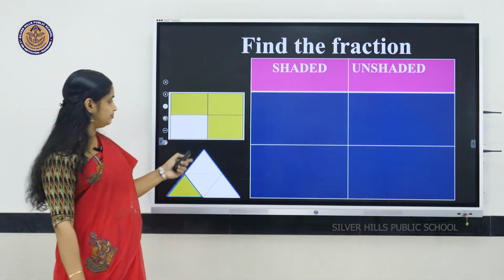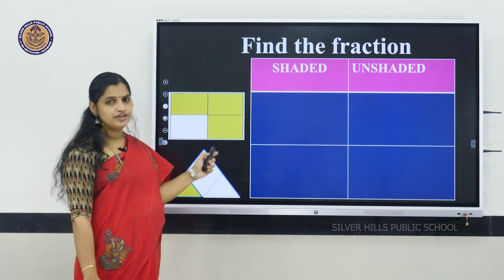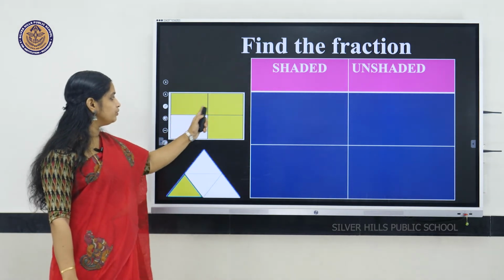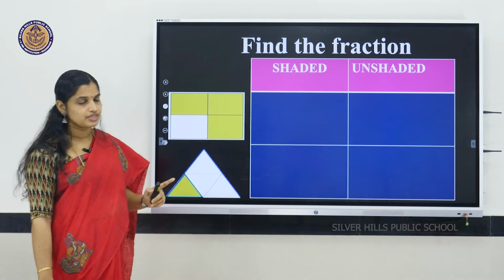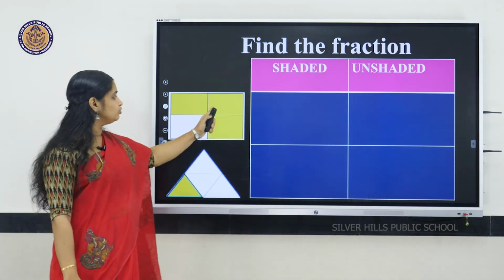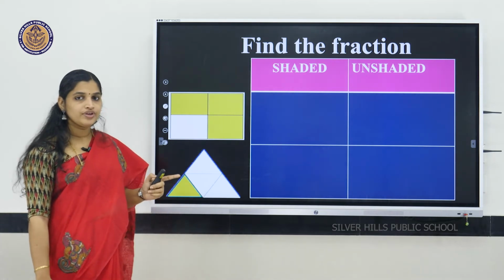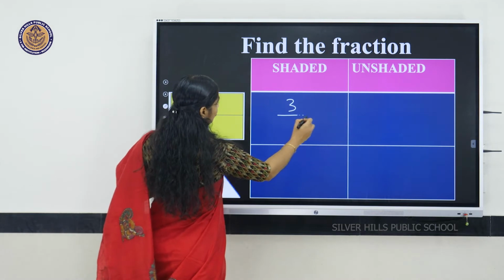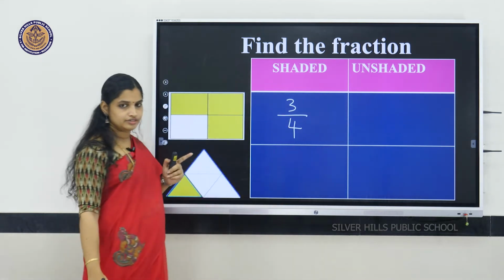Now next we are going to find the fraction of the shaded and unshaded part of the figure. Now see this figure, it's a rectangle and it is divided into how many parts? 1, 2, 3, 4 equal parts. And in that how many parts are shaded? 1, 2, 3 parts are shaded. So how can we write the fraction? 3 out of 4 parts are shaded.